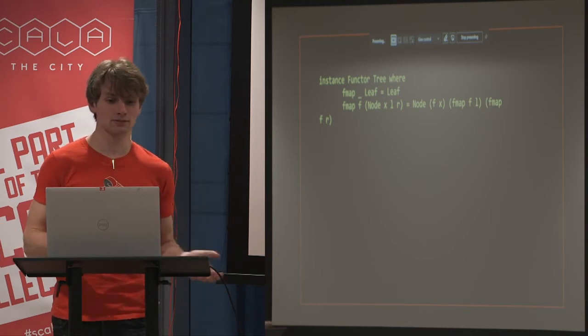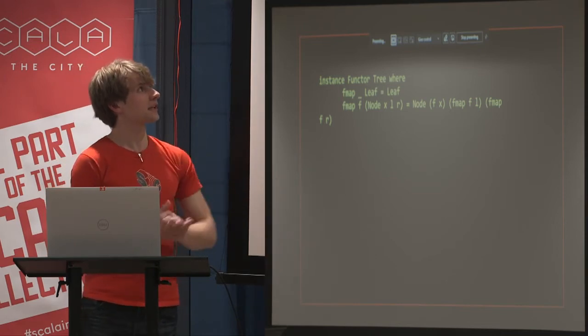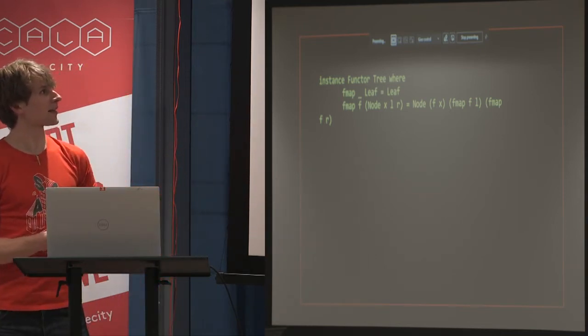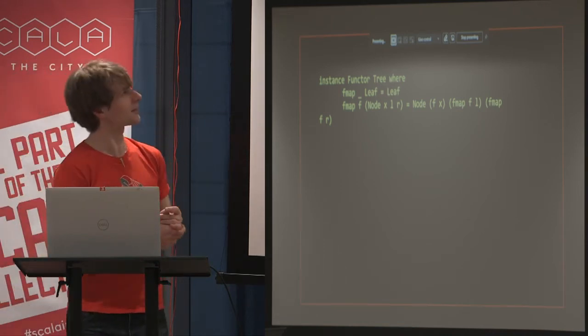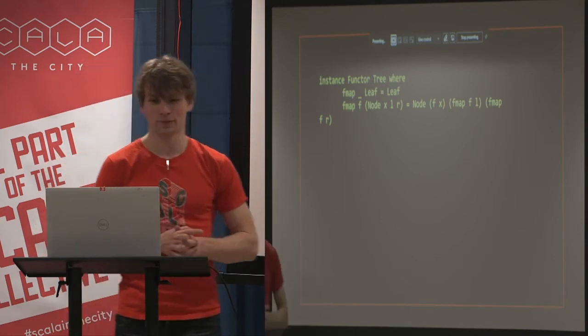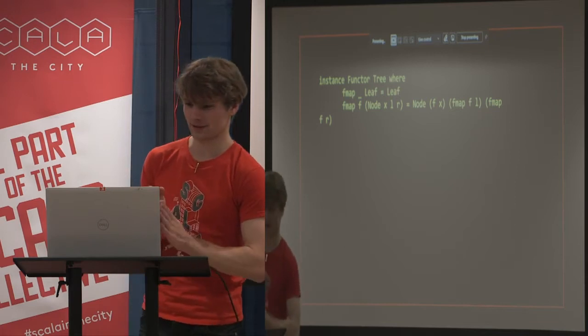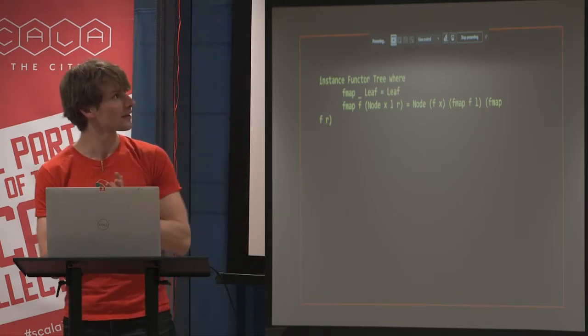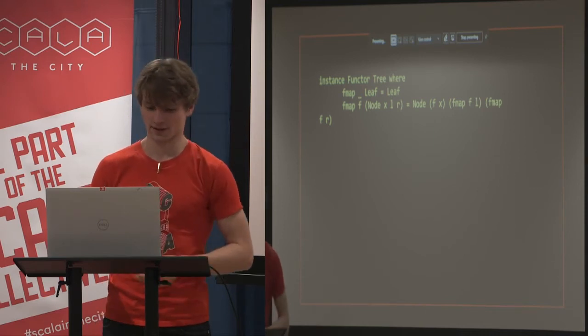So in Haskell, what you would do is you would add an instance declaration in your code, and then do a bit of pattern matching to decompose your tree into its subtypes and appropriately map the leaf or node, and then recursively call your functor mapping function on each constituent branch.